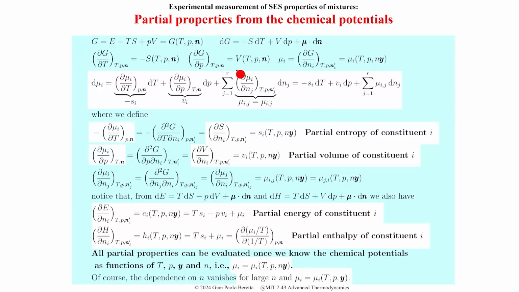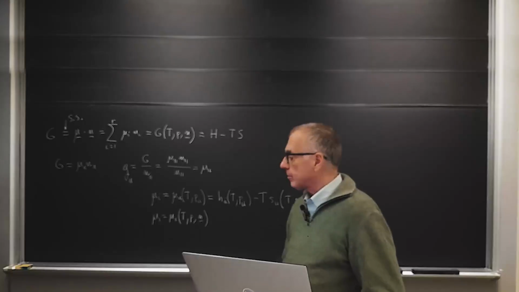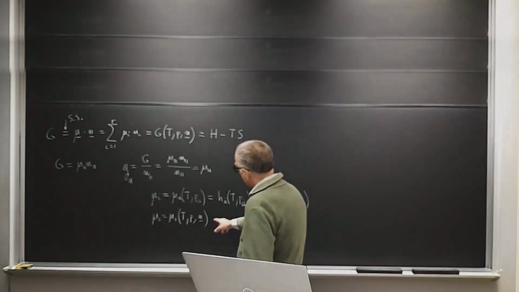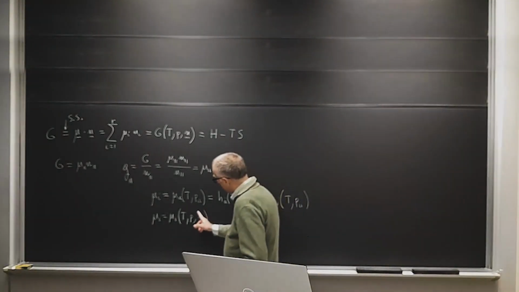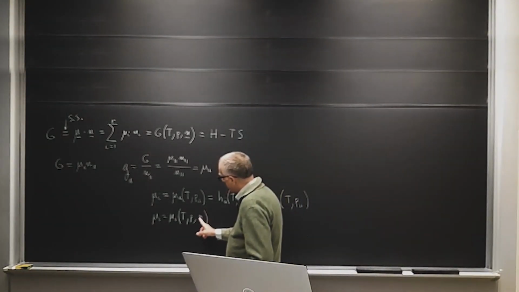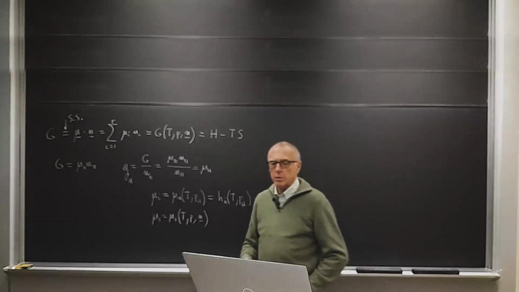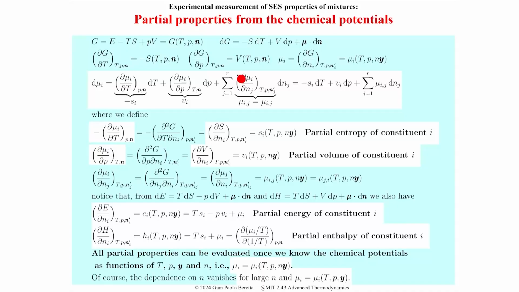We also have the expression for the differential here. I have to take care also of the differentials of the n's. So I have a summation because I have many n's. I have these partial derivatives of the chemical potential of one substance with respect to the amount of another substance.